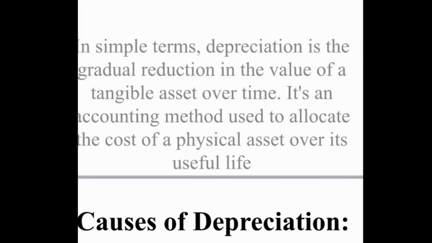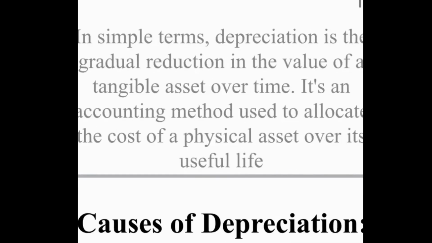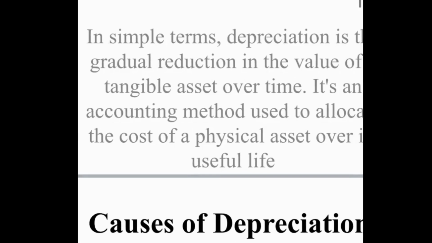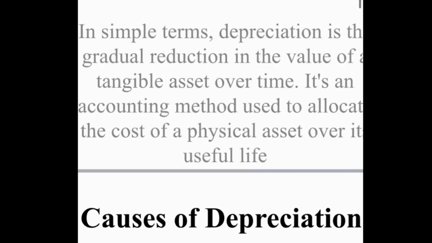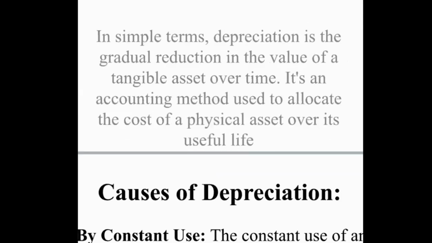In simple terms, depreciation is a gradual reduction in the value of a tangible asset. Tangible means which you can see, which you can feel, like plant and machinery, furniture. It is an accounting method used to allocate the cost of a physical asset over its useful life.